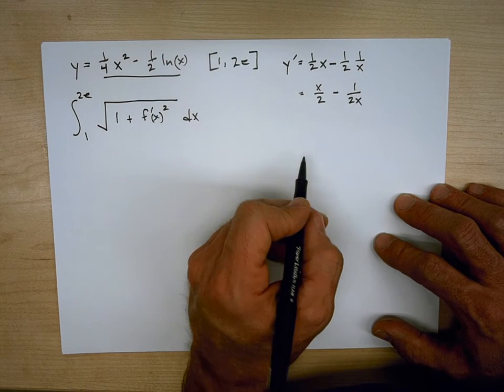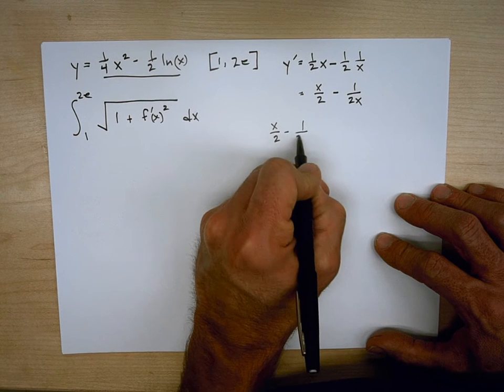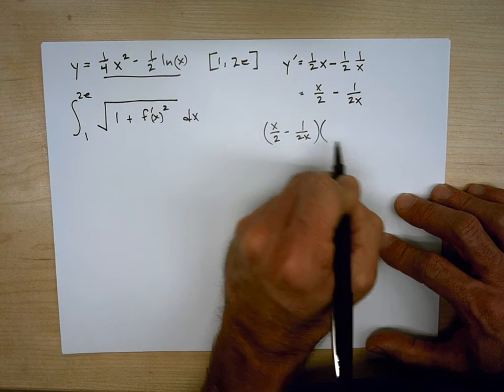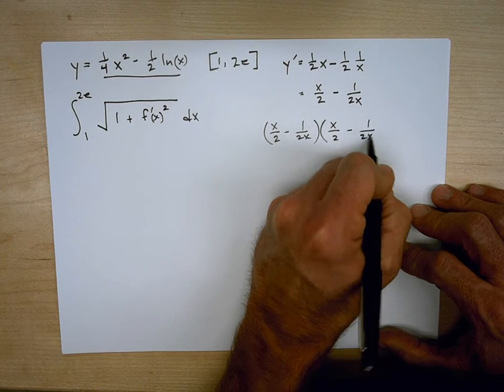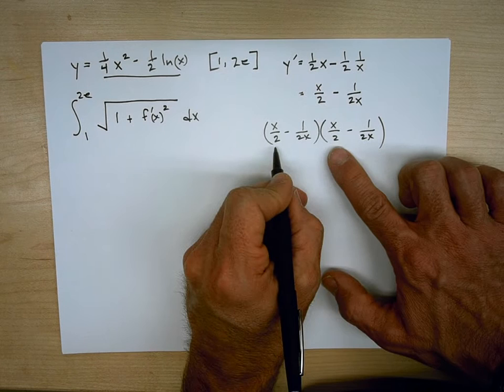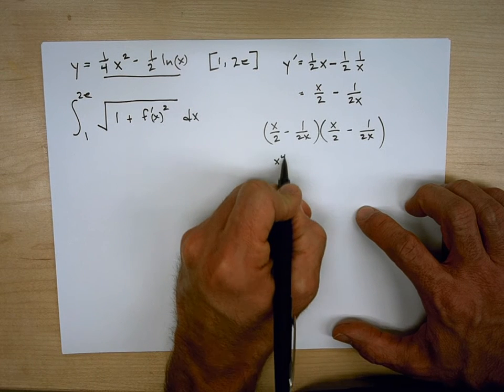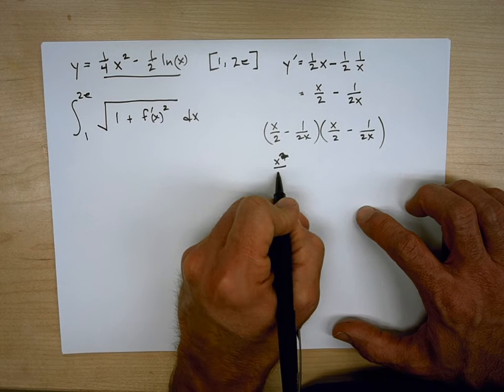Now I need to square it. So I'm going to have x over 2 minus 1 over 2x, times x over 2 minus 1 over 2x. Let's just FOIL this out. The first terms give me x squared over 4.